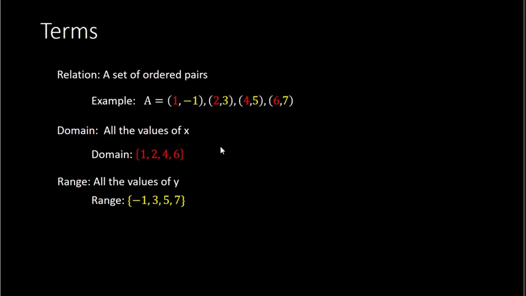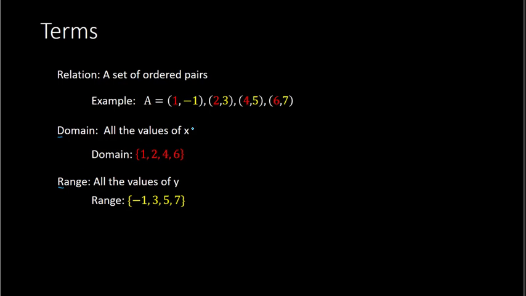Now, if you remember the terms domain and range, and you're just forgetting which letter it goes with, like you don't remember if domain is with x or with y, the way that I personally learned this when I began studying algebra is I think domain, the letter D, comes first in the alphabet, and then range starts with R, that comes second in the alphabet.